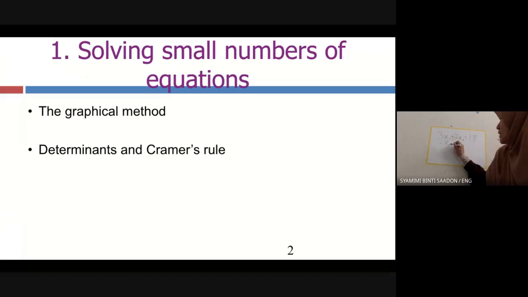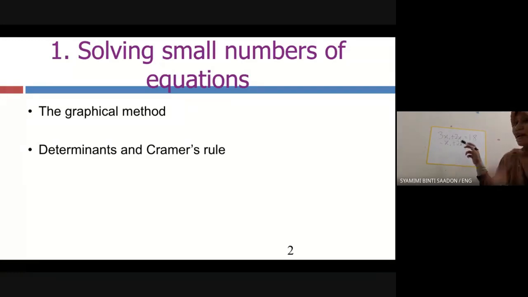If we have minus x1 plus 2x2 equals to 2. So the first one, 3x1 plus 2x2 equals to 18. The second one, minus x1 plus 2x2 equals to 2. Okay, so we have an example of two linear algebraic equations.